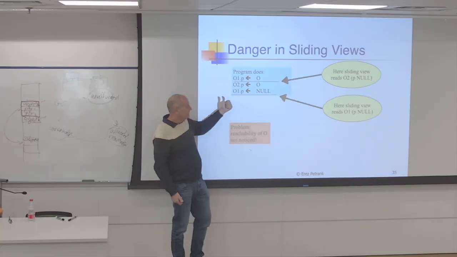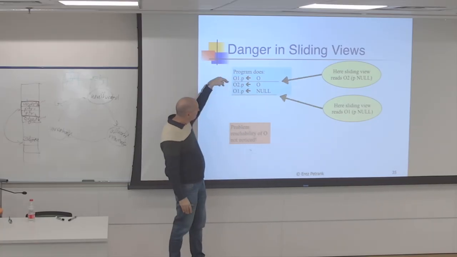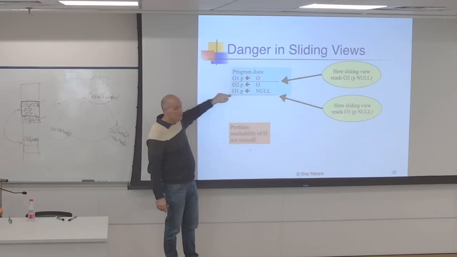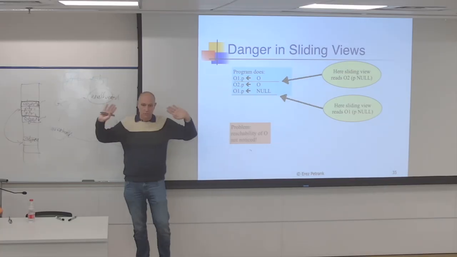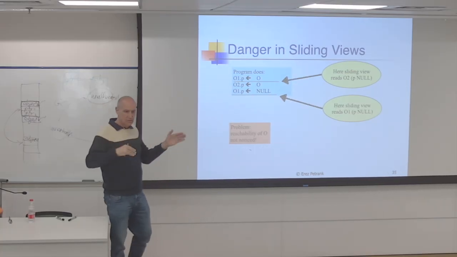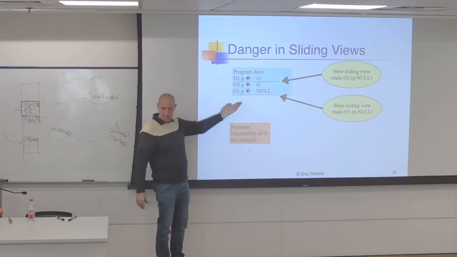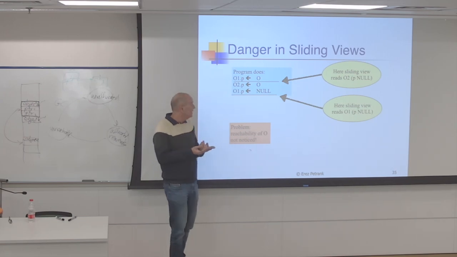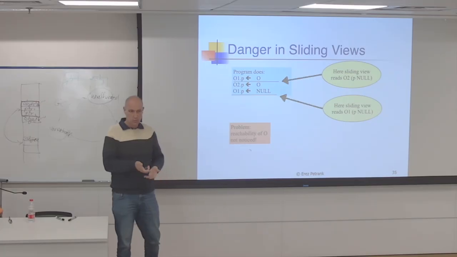But if my sliding view sees these objects at different times, I may read O2 when O is not reachable from it, and I may read O1 when O is not reachable from it, and then I will see no connection to O from anywhere, because I read different places at different times. So this is the simplest example that shows that a sliding view cannot guarantee that I will see O.